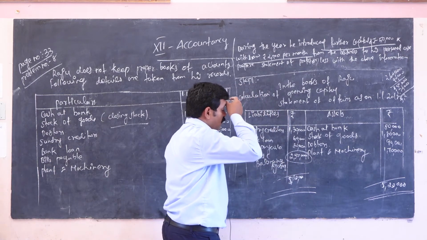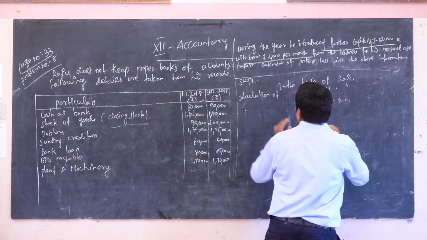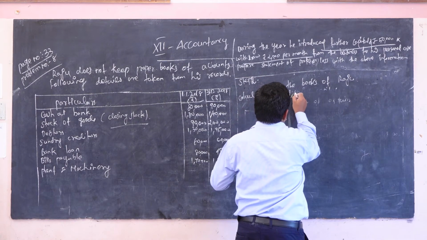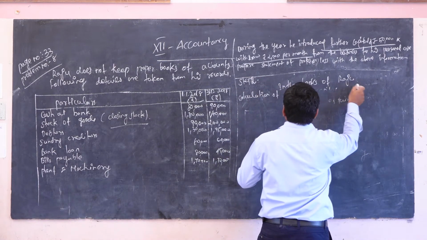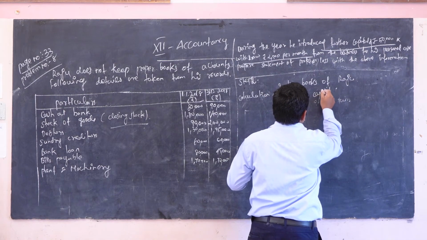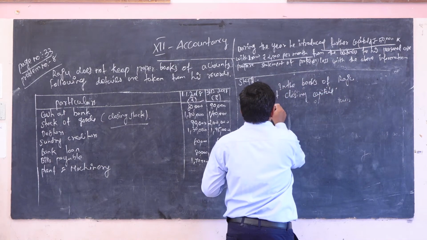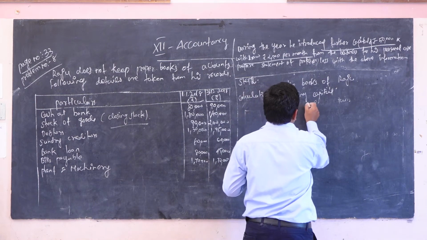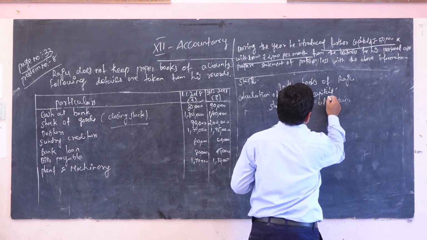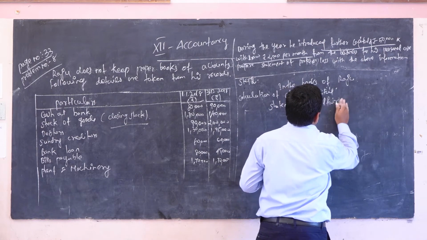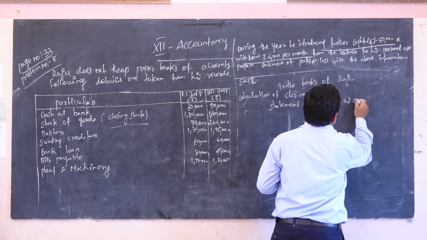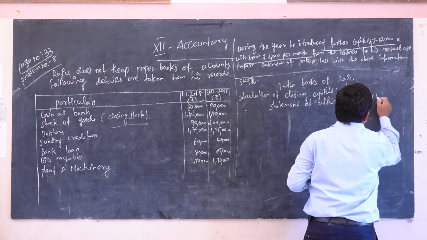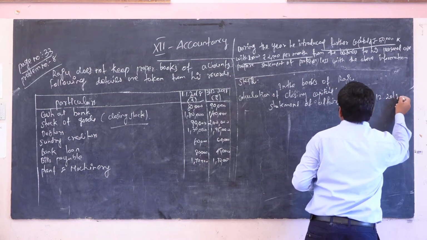Okay, so we are going to start step 2, that is calculation of closing capital. In the books of Raju, calculation of closing capital, statement of affairs as on 31/12/2018.